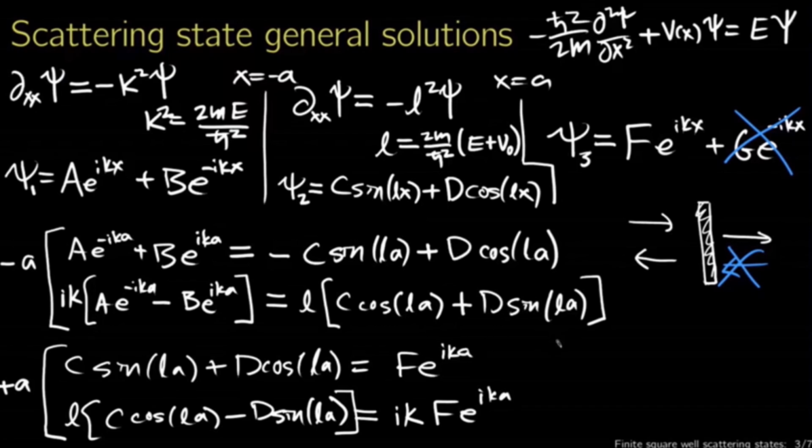K is determined entirely by the energy, and since what we're working with here are scattering states, we can treat the energy as something that we, the experimenters, control. But we still have these unknowns, A, B, C, D, and F, to take care of.